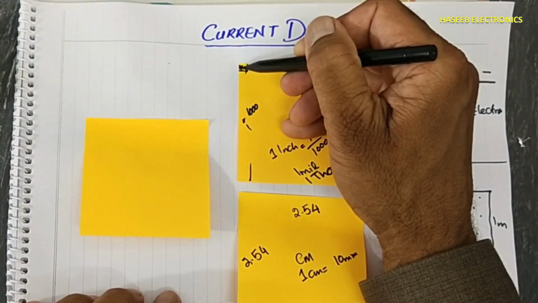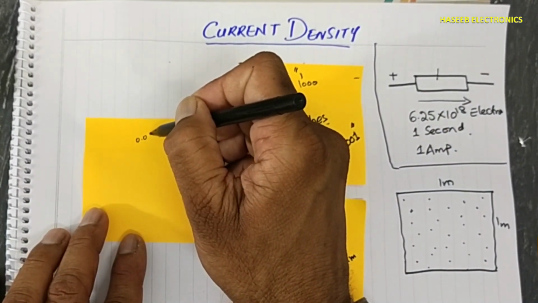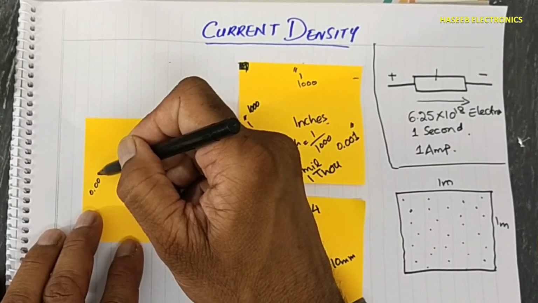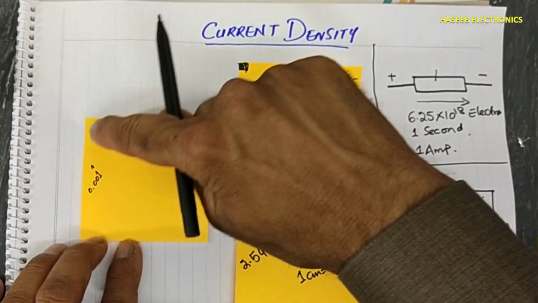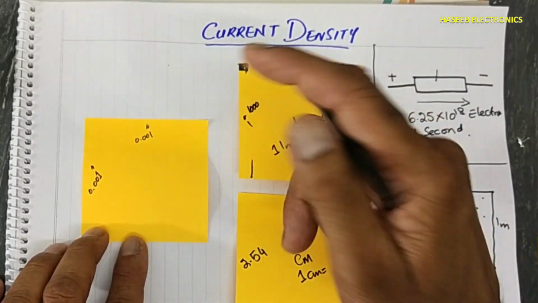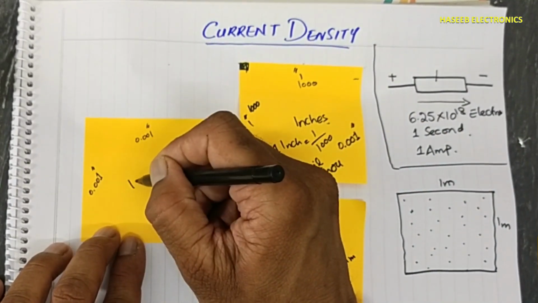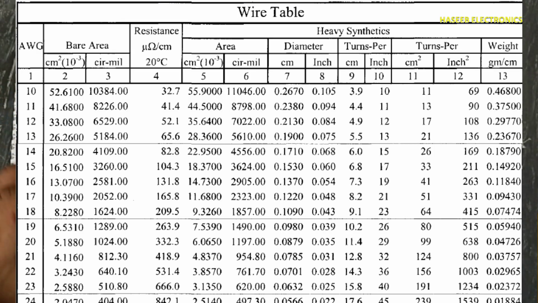This one portion, 0.001 inch by 0.001 inch, 1 thou by 1 thou, or 1 mil by 1 mil, is 1 square mil.